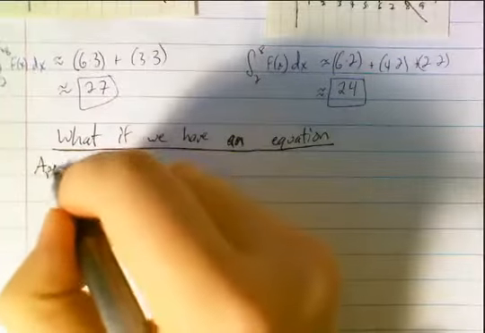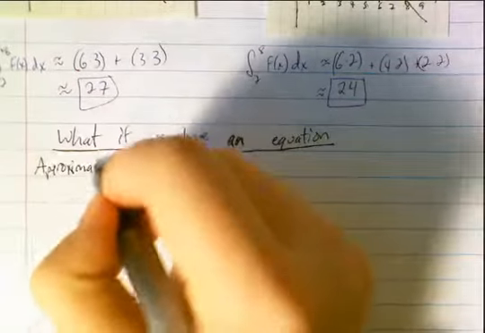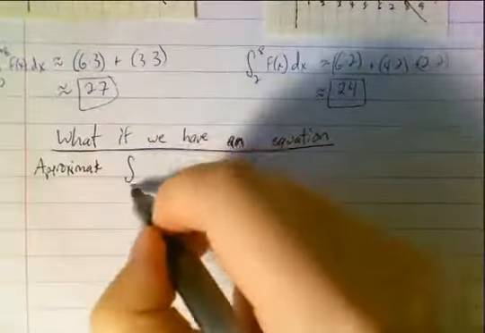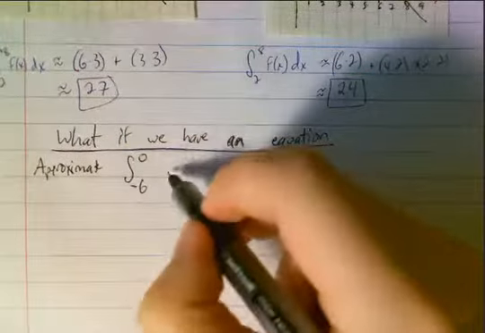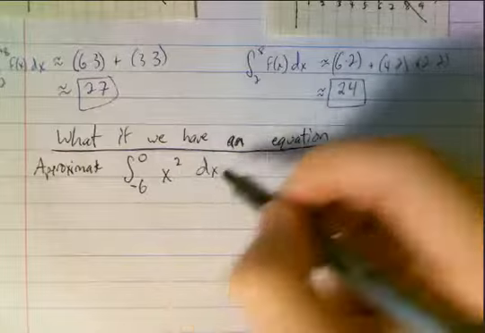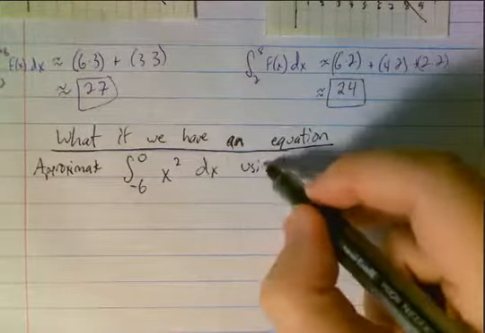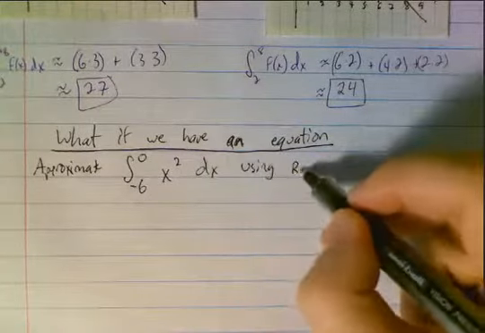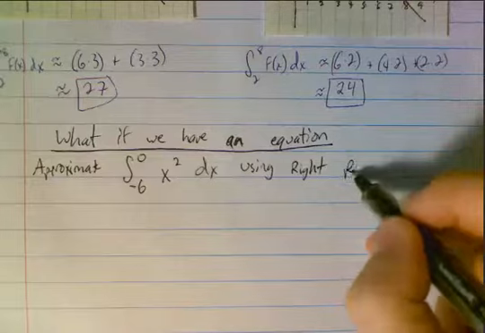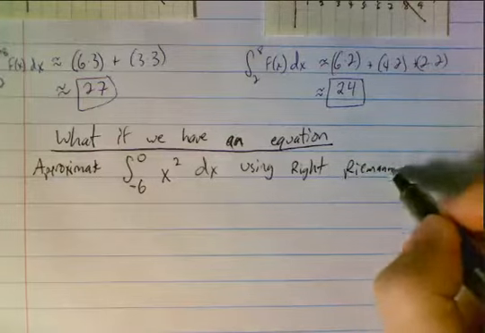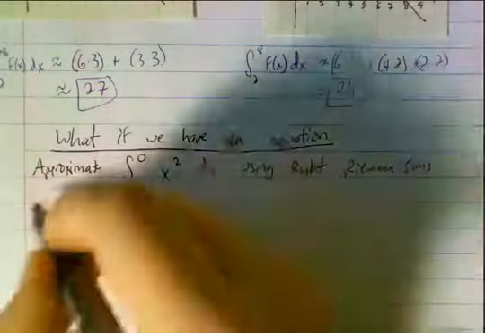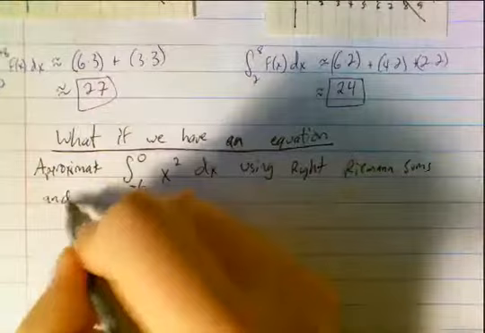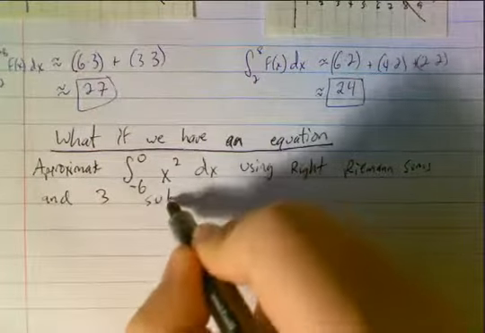We want to approximate the integral from -6 to 0 of x squared dx using right Riemann sums and 3 subintervals.